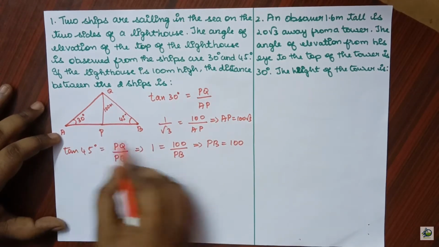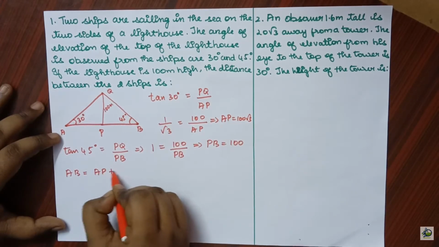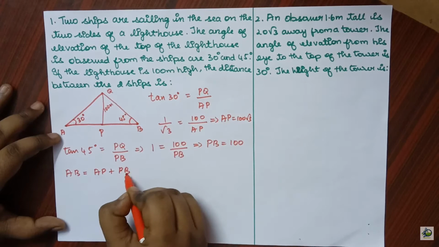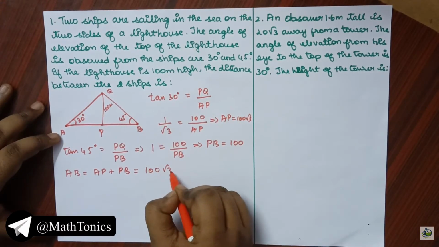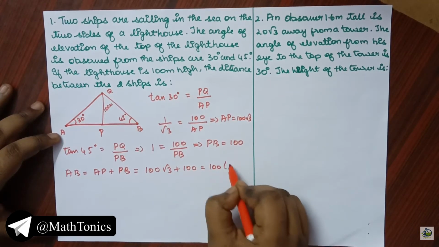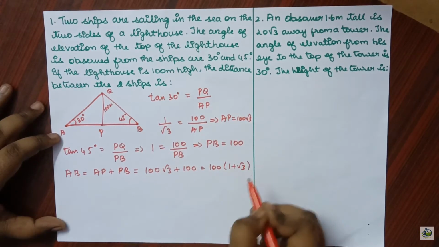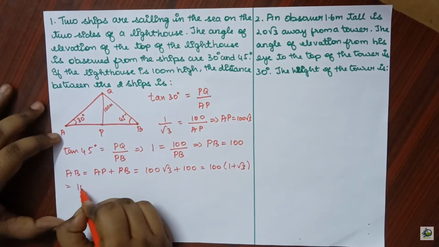Now we are in need of AB. AB is nothing but AP plus PB. So what we have to do is add both these things. So 100 root 3 plus 100. Of this I can take 100 common outside. So it is 100 times (1 plus root 3). The value of root 3 is 1.732, so we have to substitute it there.